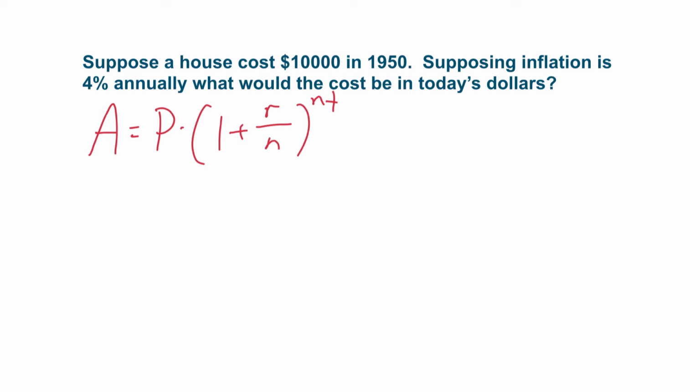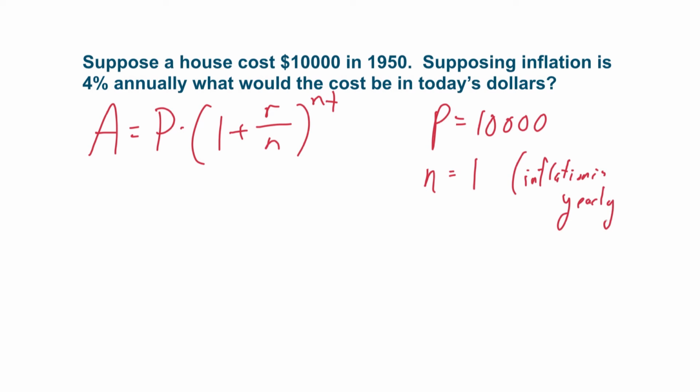So here the principal amount is the original house cost. n is once, since inflation is a yearly rate. It's a 4% inflation. And then how long is it? Well, it's 2017, so I do 2017 minus 1950.